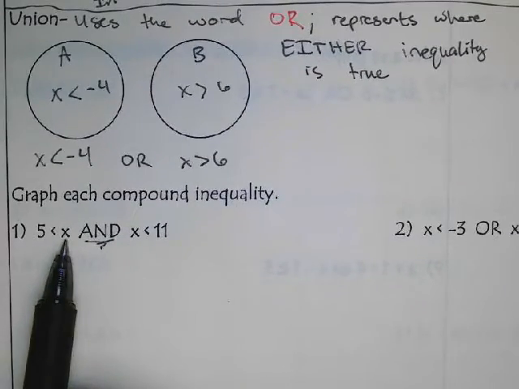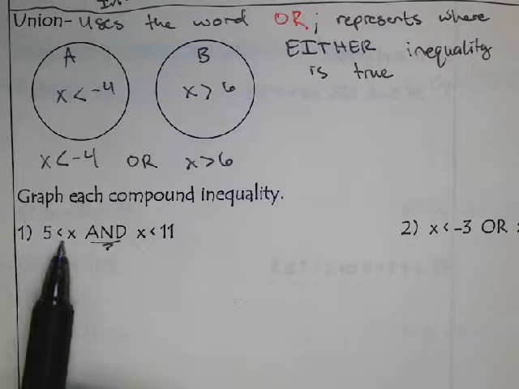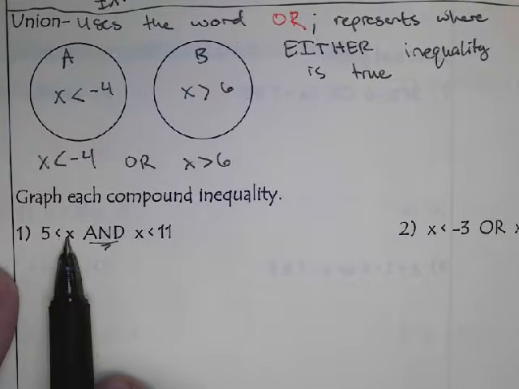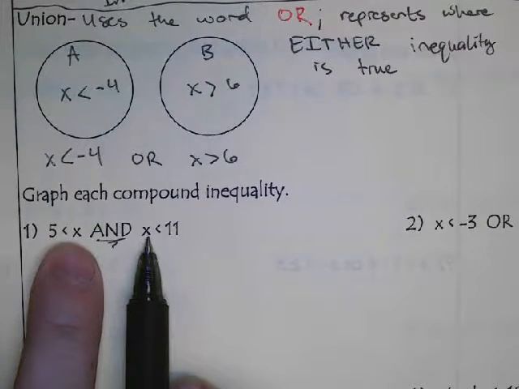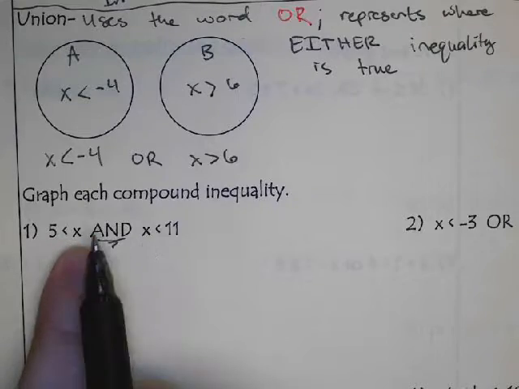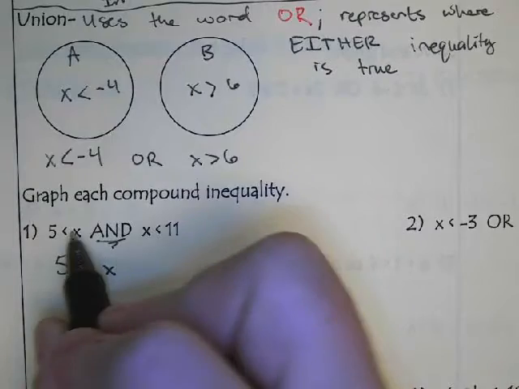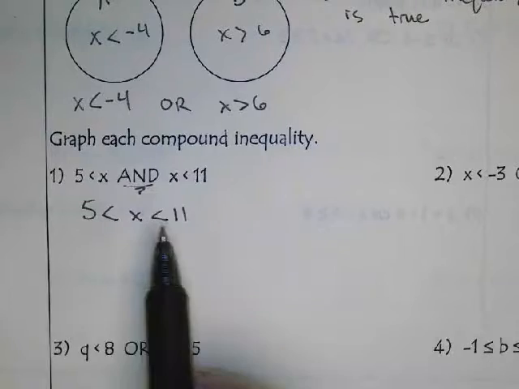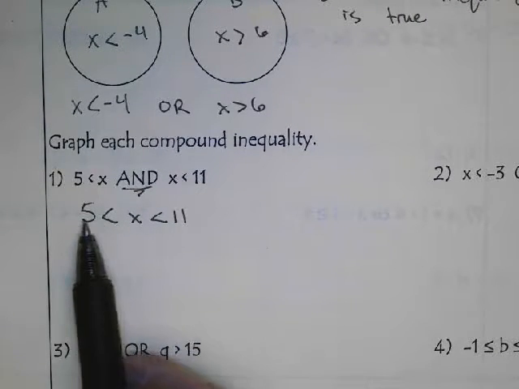I like to write the inequalities so that they have a flow to them, where I have a number, my variable, and then a number. Since one inequality ends with that variable and the other begins with it, we can think of the x's as overlapping. So it would look like 5 is less than x is less than 11.